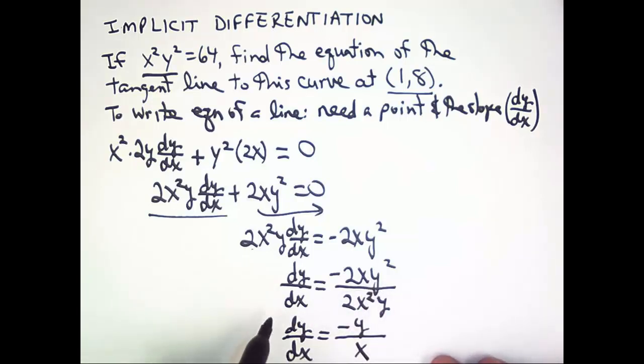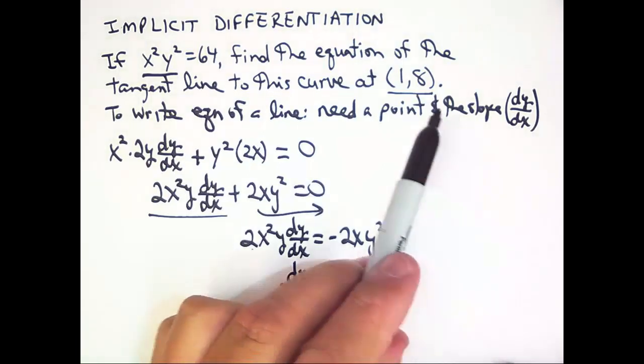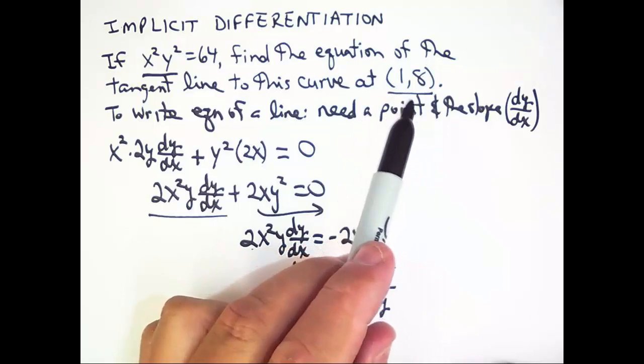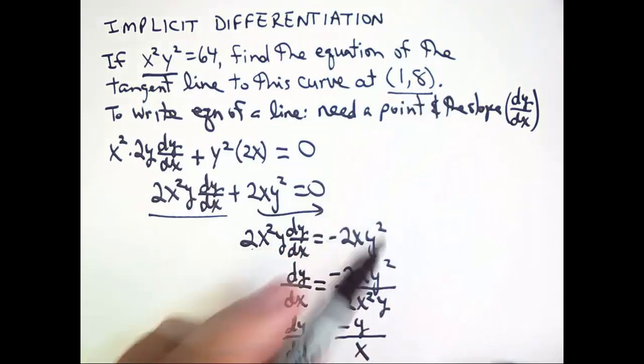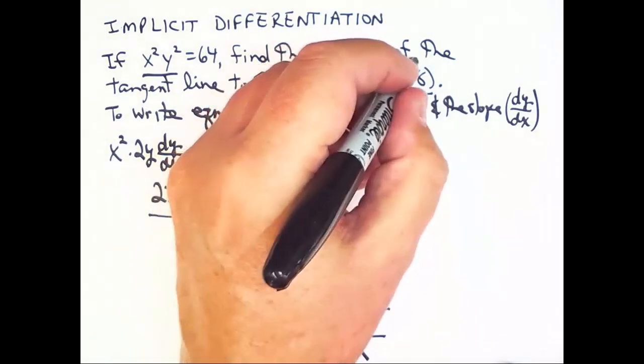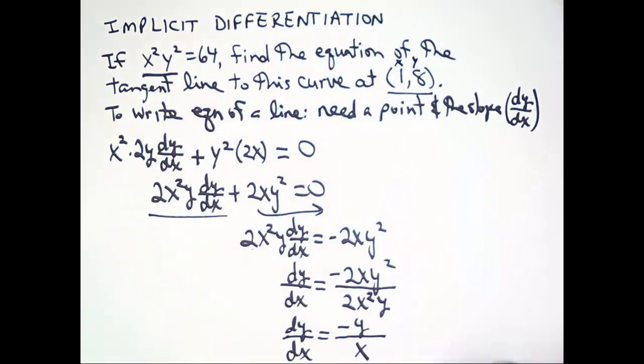Now that's the derivative of y with respect to x, but we want the slope at this point right here. So we have to actually take this value of x, which is 1, and this value of y, which is 8, and plug them in here so we'll be able to solve.